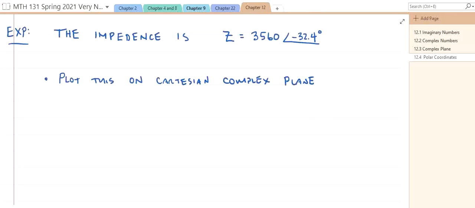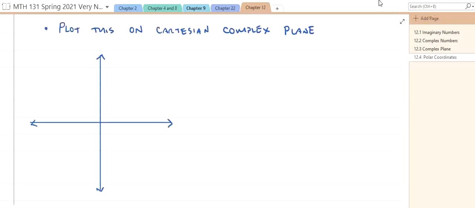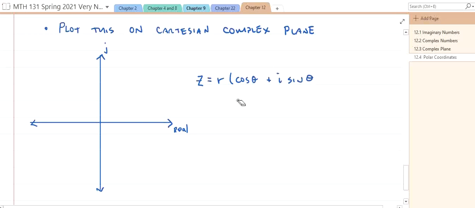So let's do this example. If we have the impedance Z of magnitude 3560 with an angle of minus 32.4 degrees, let's plot this on a Cartesian complex plane. So here's our complex plane. We'll continue to call that j. So Z is going to equal r times the cosine of theta plus j sine of theta.